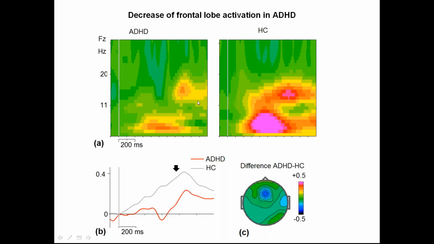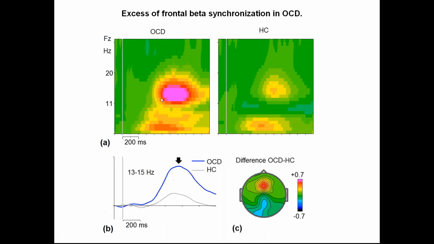I think that you can see it, and basically that is why we developed the frontal relative beta training for ADHD, to increase the beta activity and to activate in this way the frontal lobes in ADHD.